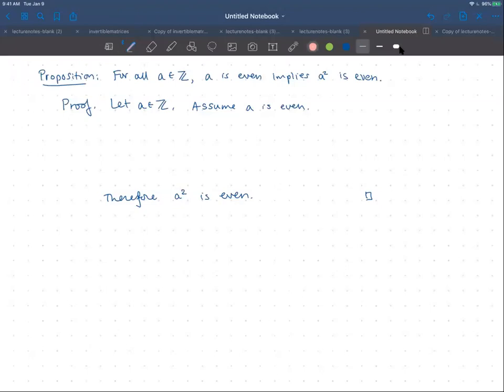This is the premise of my implication, so I'm saying my premise is true. And I get down to a point where I show that A squared is even, which says my conclusion is true. And so from the first and last line of this proof, we can identify this as a direct proof.